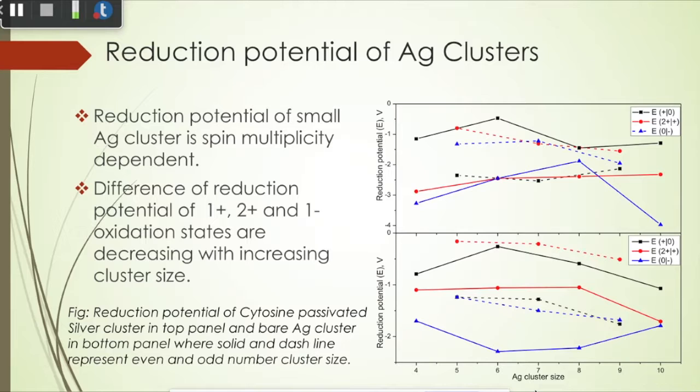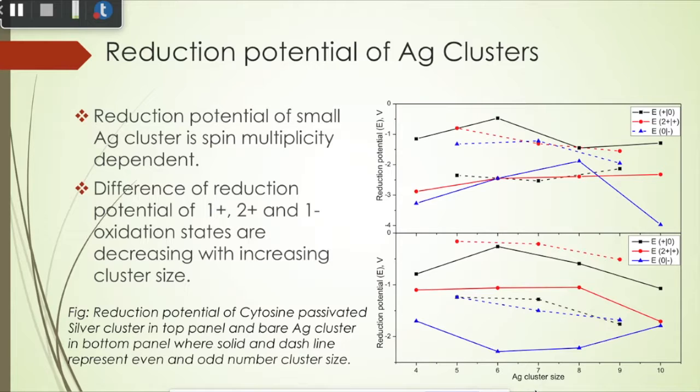And for the odd-number size silver clusters, it goes the opposite way. In that case, moving from +1 to 0 shows the minimum reduction potential. That means it is spin multiplicity dependent, because the +1 of Ag4 is a doublet multiplicity and the neutral one is a singlet multiplicity, and the odd number shows the opposite trend.